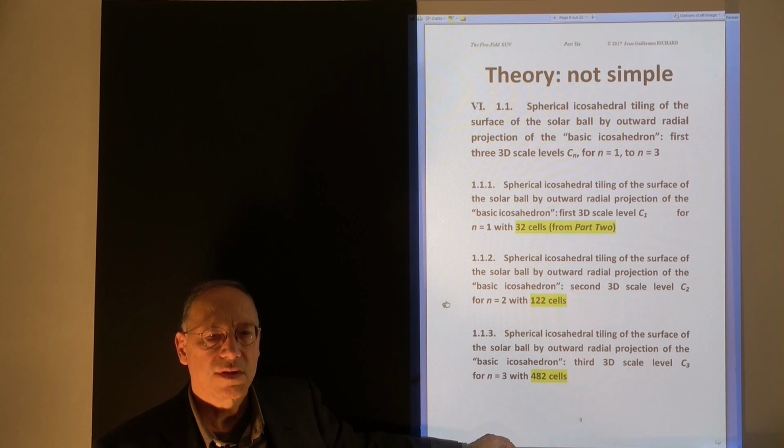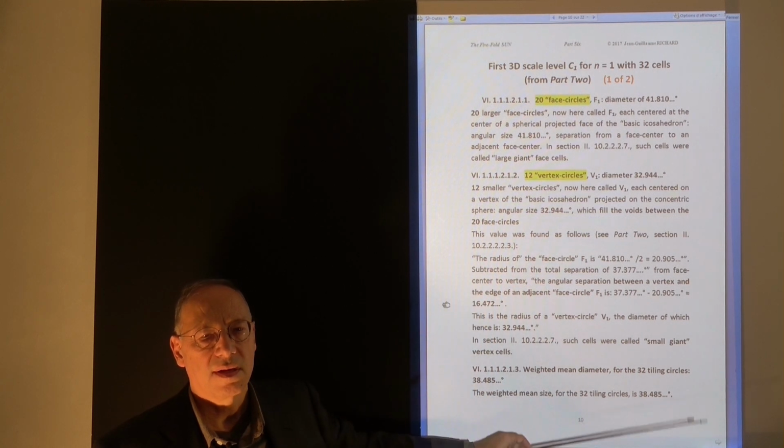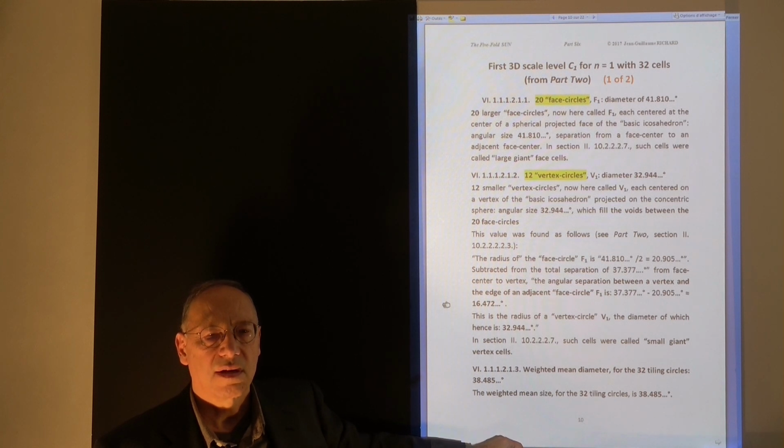We shall go through this first and then separately go through the further bisections with n equals 4 and more. The first scale level for n equals 1 yields the 32 cells that are equivalent more or less to the giant cells at the solar surface in observations.